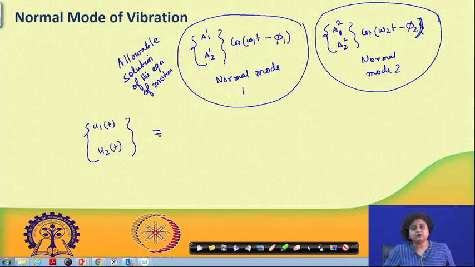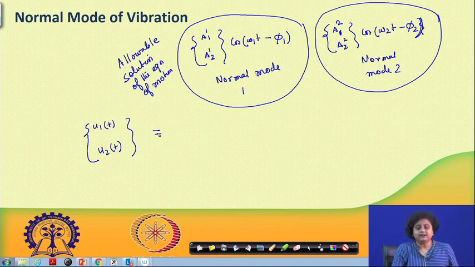From this definition of normal mode of vibration and following certain mathematical steps, we have derived what the expression of normal mode of vibration looks like.